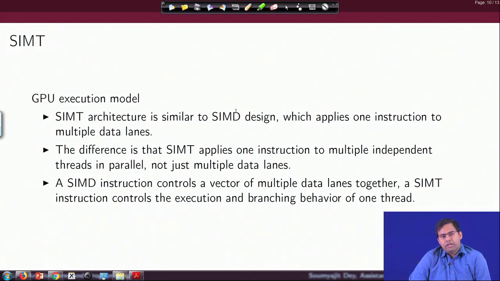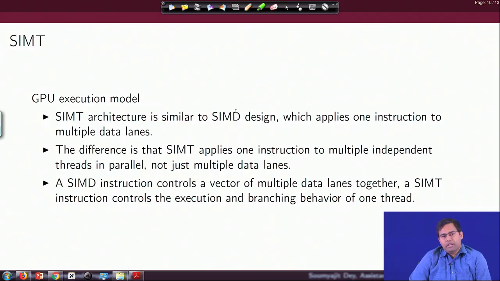When we start talking like that, we mean that we are thinking of a programming model where I have a sequence of instructions such that every instruction is like an SIMD instruction, and not only that, every instruction is doing an SIMD operation which is part of some collection of threads.